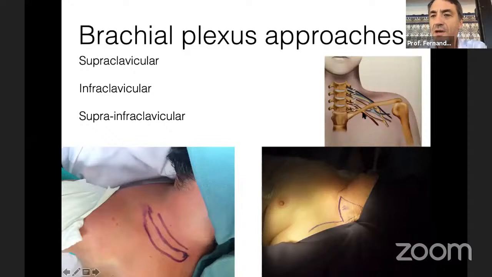So if we must approach spinal nerves or trunks, we must access the supraclavicular plexus. And if we need to approach the divisions, cords, and terminal branches, we need to approach the infraclavicular plexus. Here we can see a supraclavicular approach, and here a supraclavicular and infraclavicular approach.